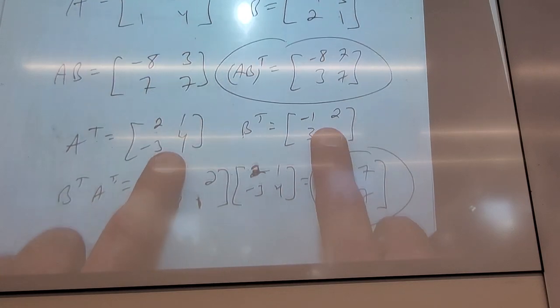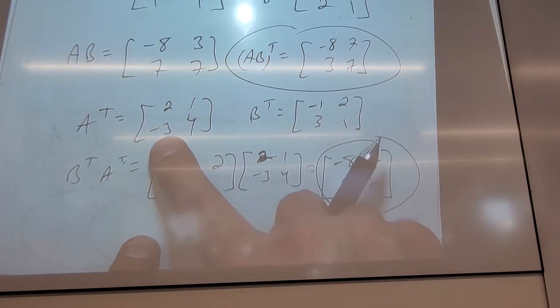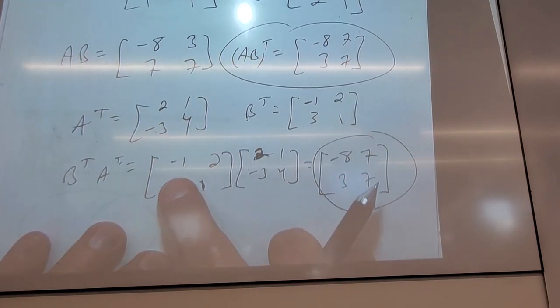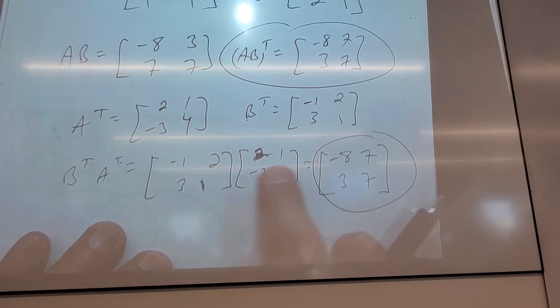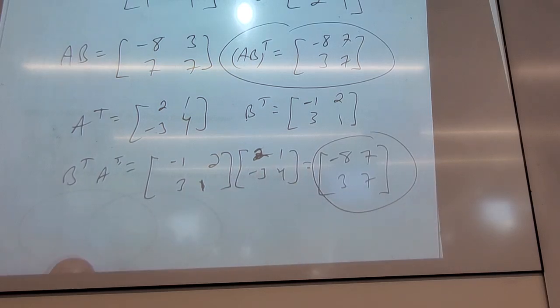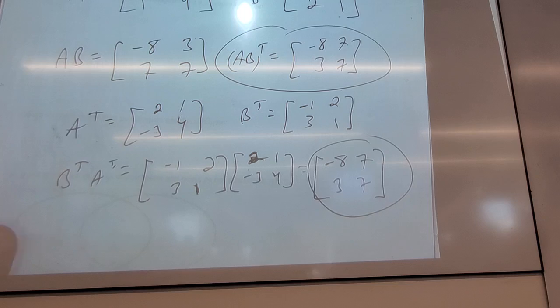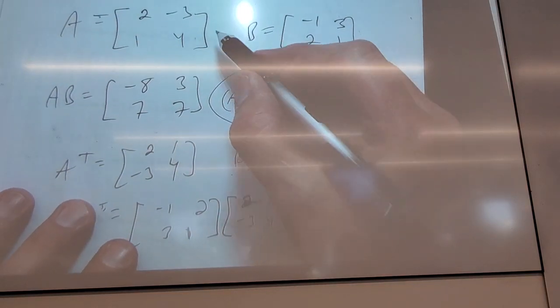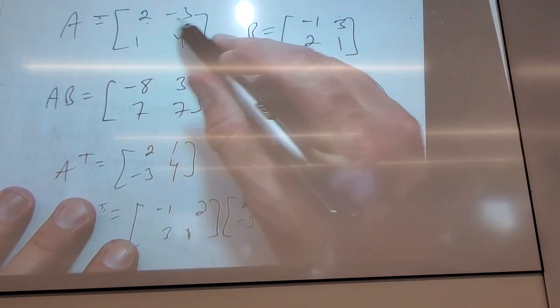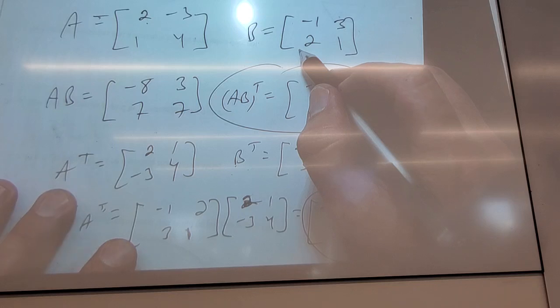So if you take this first and this second, you should get -2 minus 6 is -8. -1 plus 8 is 7. 6 minus 3 is 3. 3 plus 4 is 7. Yes? You get the same thing. Now, real quick, do you see how up here you did 2 times -1, -3 times 2?